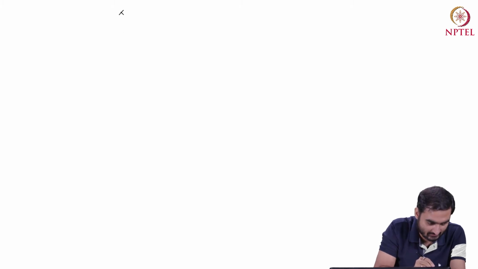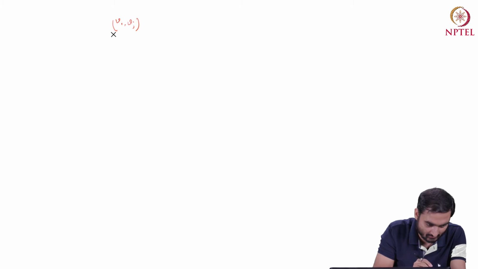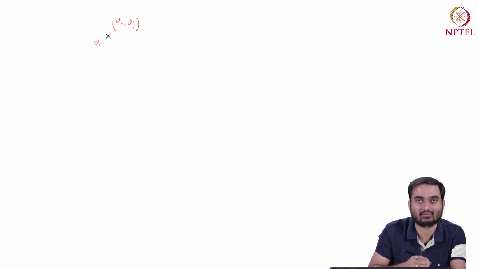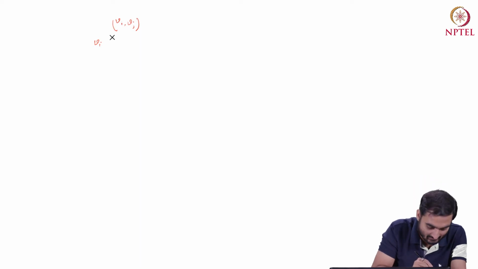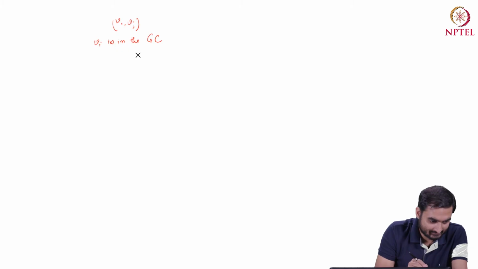Let us assume there is a pair of nodes, Vi and Vj, and let us assume Vi is in the giant component, GC.